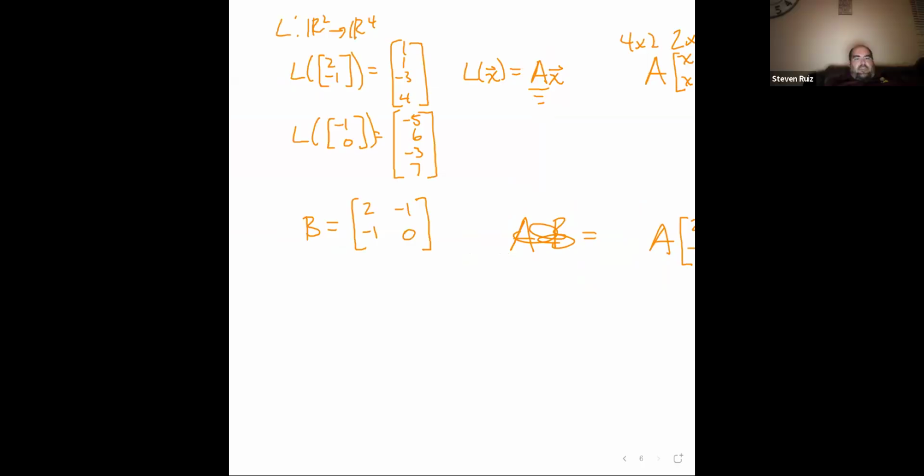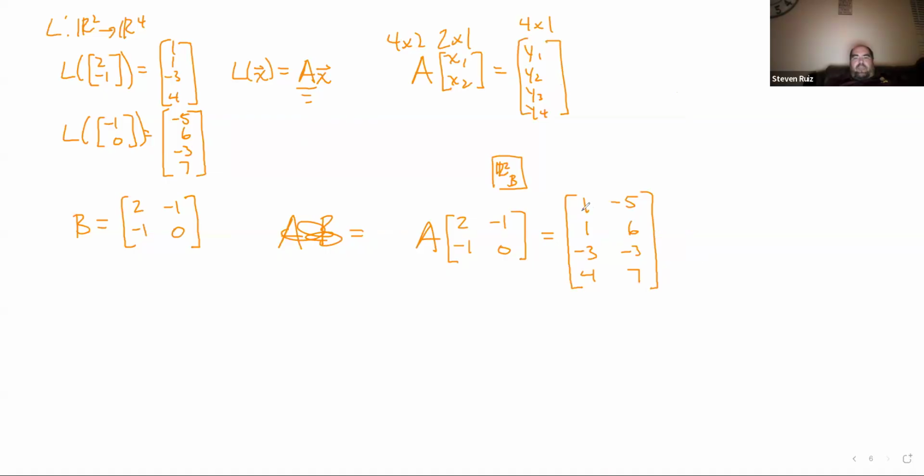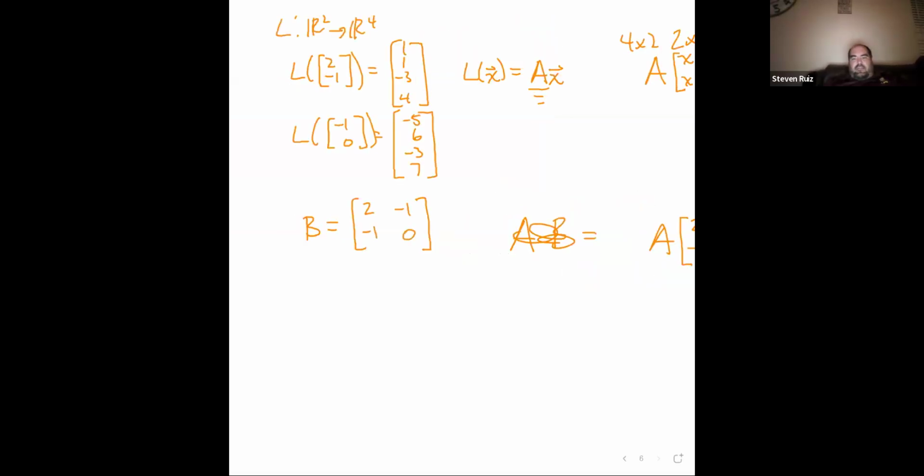But I don't know what the, okay, sorry, I was thinking of A. If we reduce the matrix on the right hand side of the equal sign, what's that going to give us? Not what we need. I don't think so.